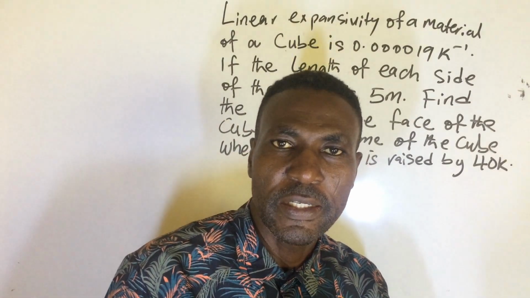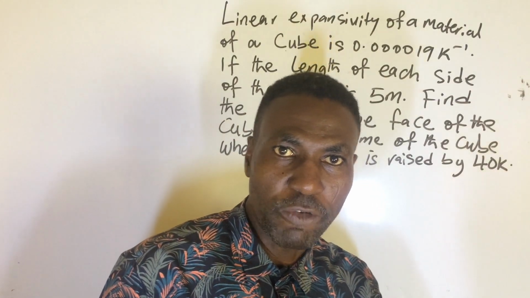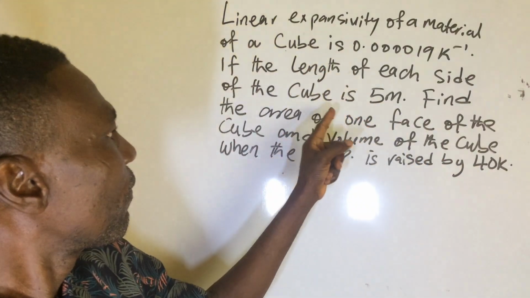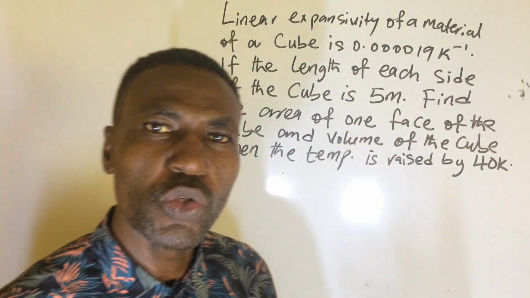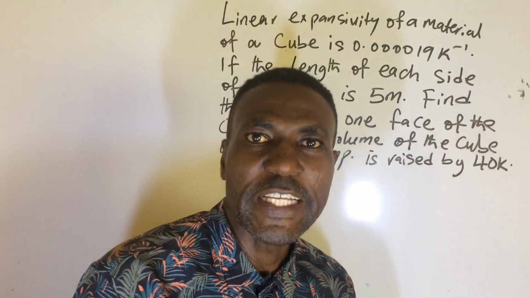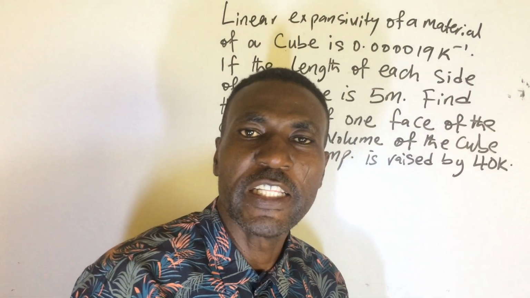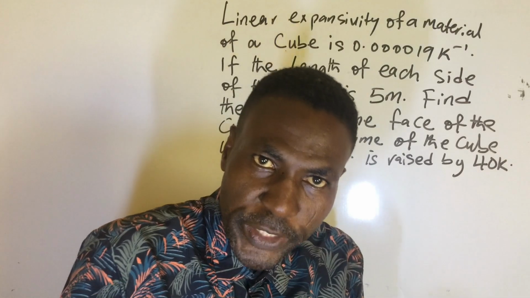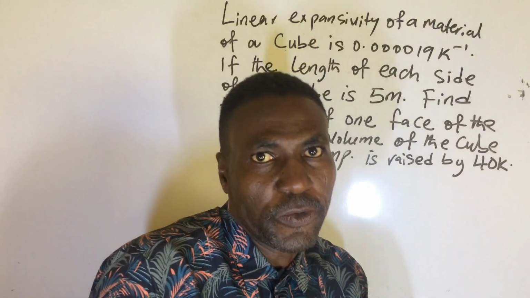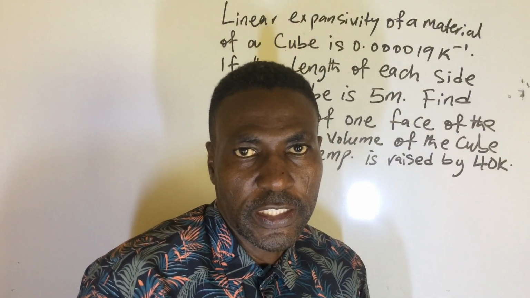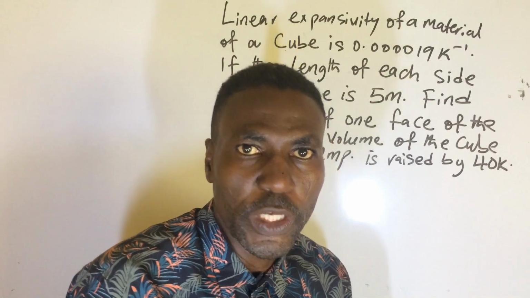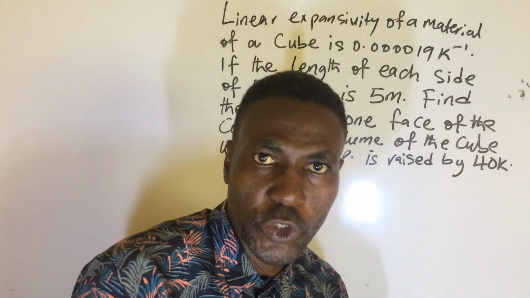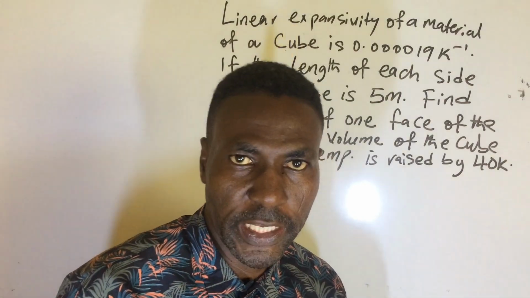From this 5 meters, we will find the initial area and the initial volume. They then ask us the new area and the new volume when the cube is heated by 40 Kelvin.